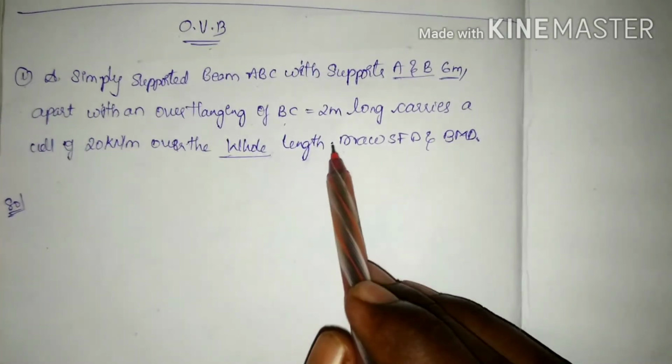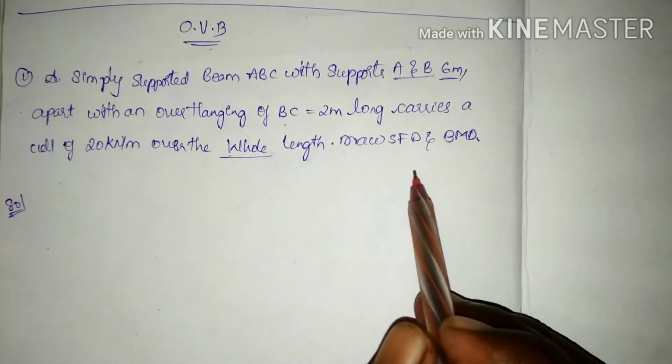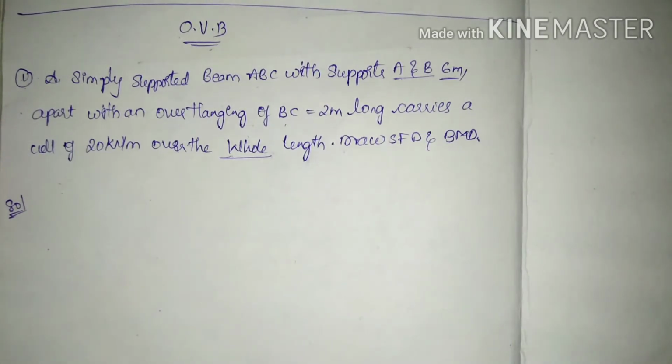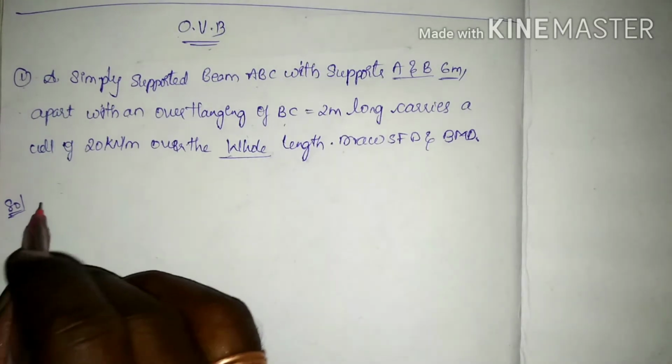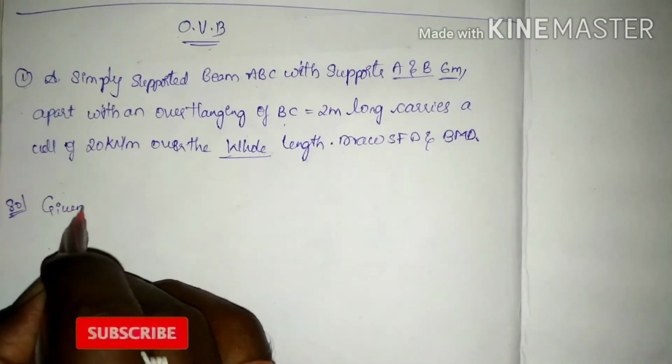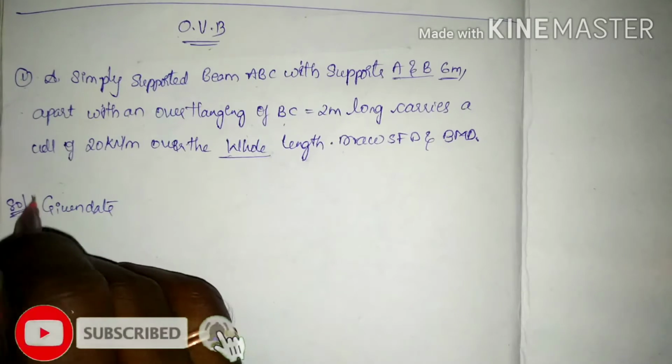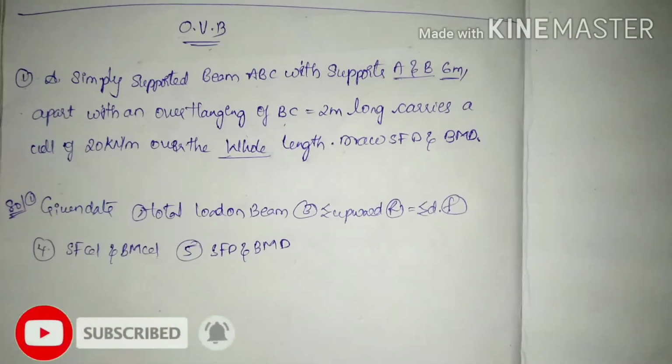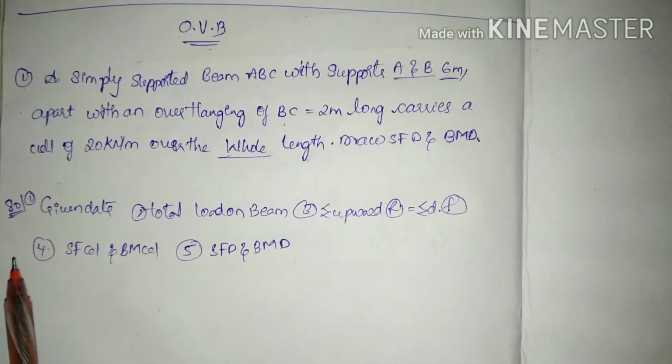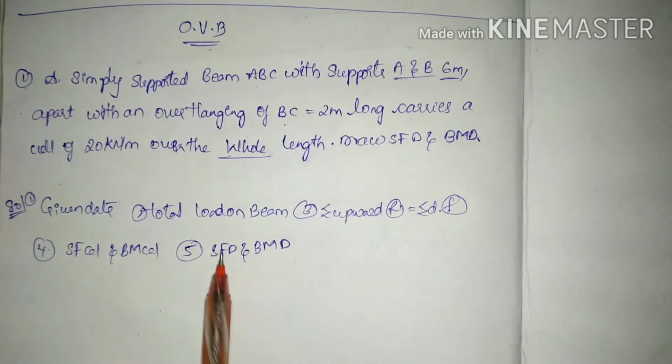For this given data we have to draw the shear force diagram and bending moment diagram. Let us follow our 5 steps. Number 1, given data. Number 2, total load on beam.